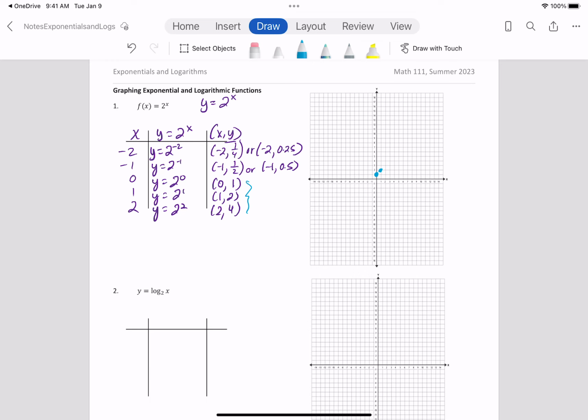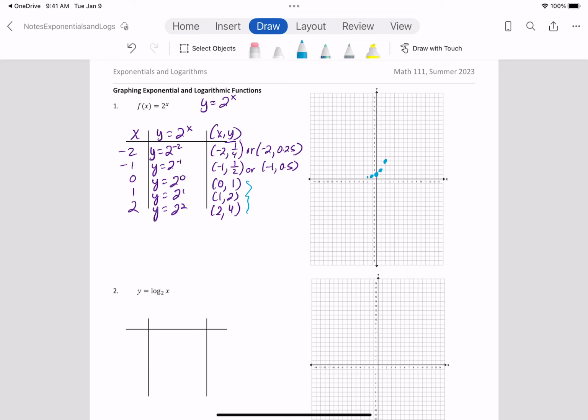And then we have 2, 4. And then if I go back to the other ones at -1, it says y is 0.5. So that means I'm going to go about halfway, right? And then at -2, we're at 0.25, which is a little closer than that one.